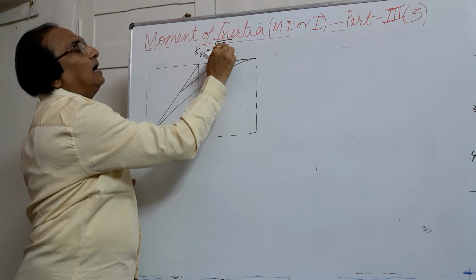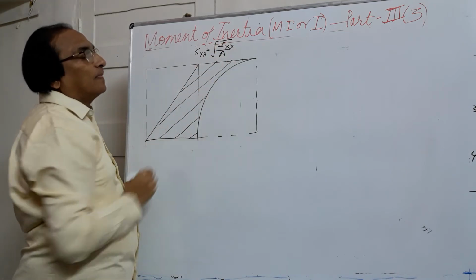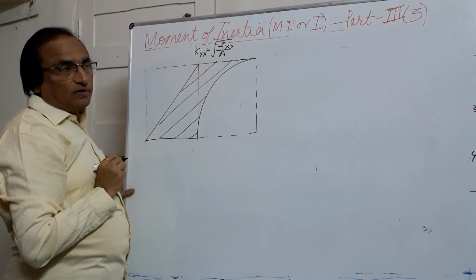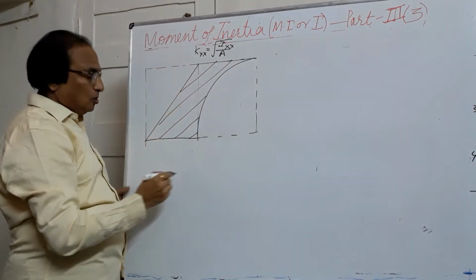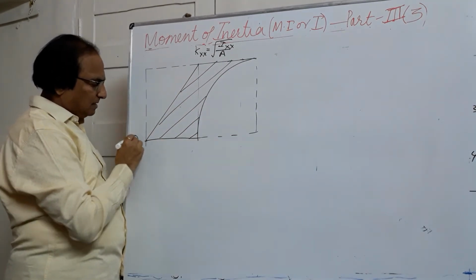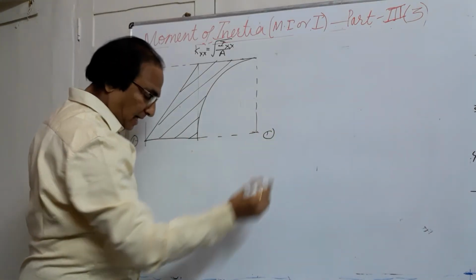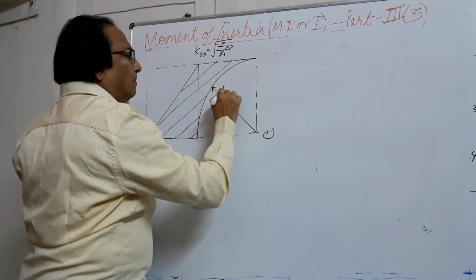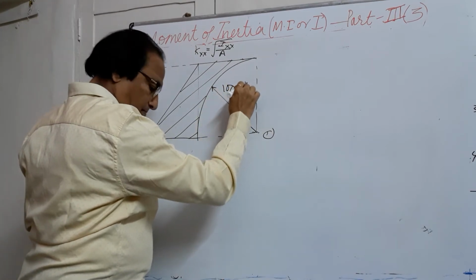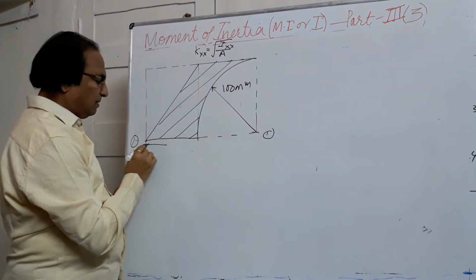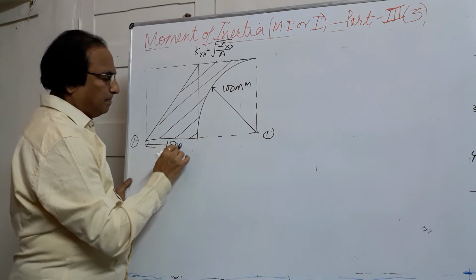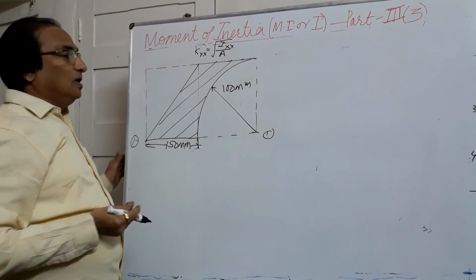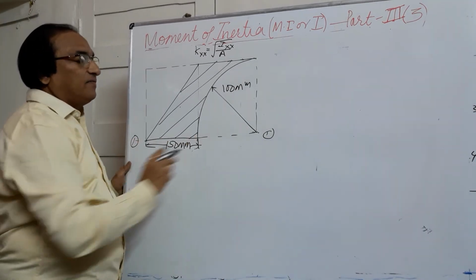So this will be Ixx by A. So here you are indirectly required to find the moment of inertia of the figure about the horizontal axis. So let us consider the horizontal axis 1 1. Let this be 100 mm and this be 150 mm, 150 mm.